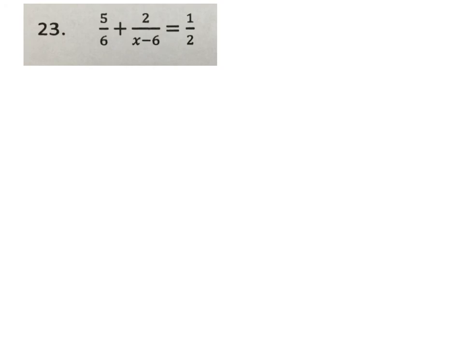And last problem. So here my LCD, 2 is a factor of 6. So my LCD is going to be 6 times x minus 6. And remember, the x minus 6 is a separate factor, so you can't say that those 6's are in common. I'm going to multiply all of my fractions by that.